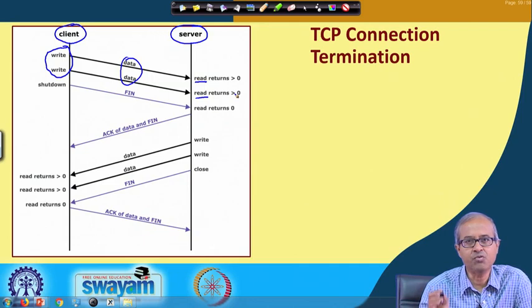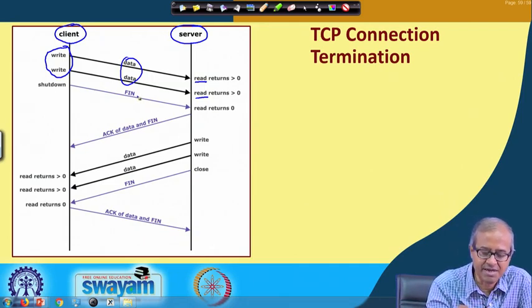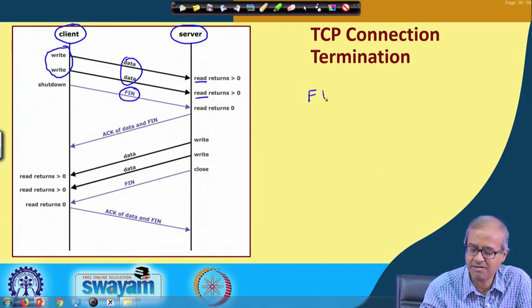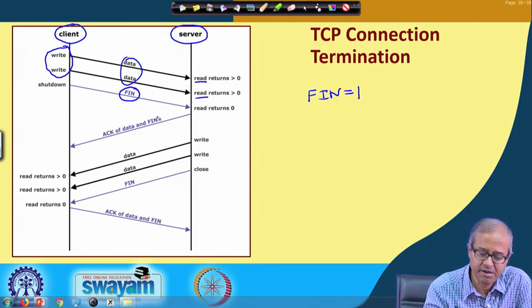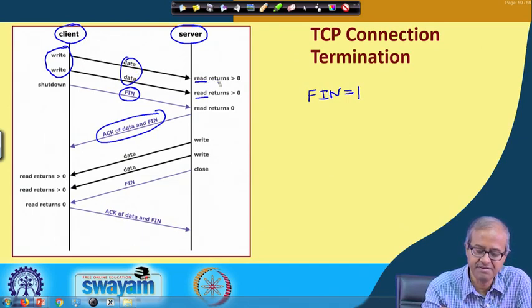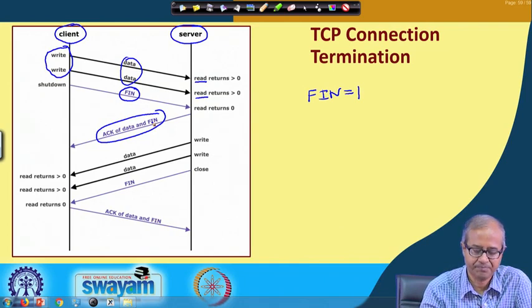Now, when the client wants to terminate the connection, it will send a packet with the FIN flag set to 1. The server will send back an acknowledgement of both the data it has received and this FIN it has received.